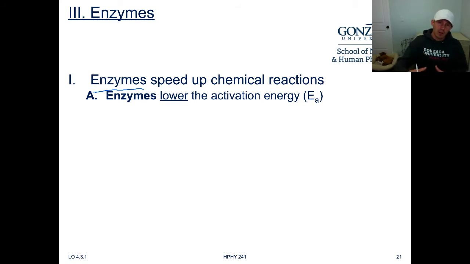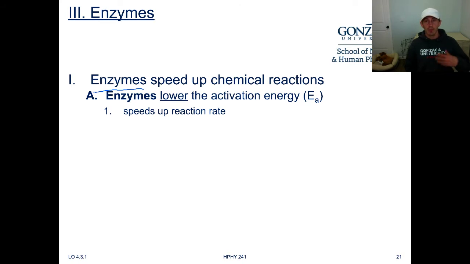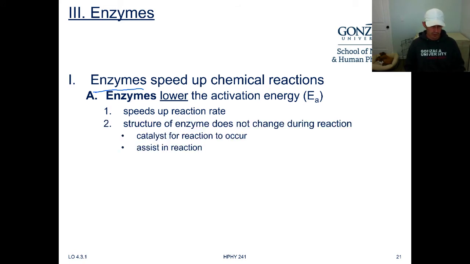They lowered that amount of activation energy that was required on your part to get the lawnmower started in order to start using the lawnmower. That's kind of a non-biological way to think of enzymes. But the point is, they speed up the rate at which a reaction will proceed. You lower that E of A, it's going to speed up how quickly that reaction occurs, okay? Because you're talking about time as well as energy.